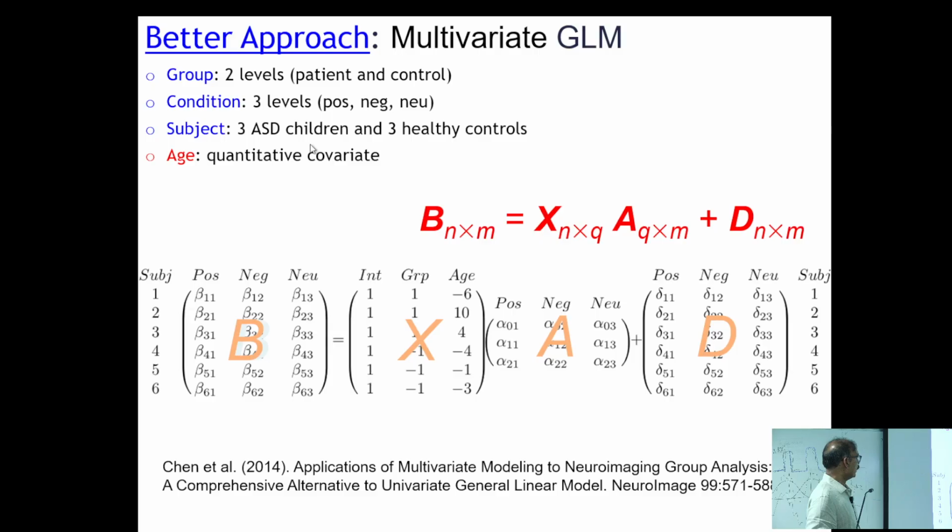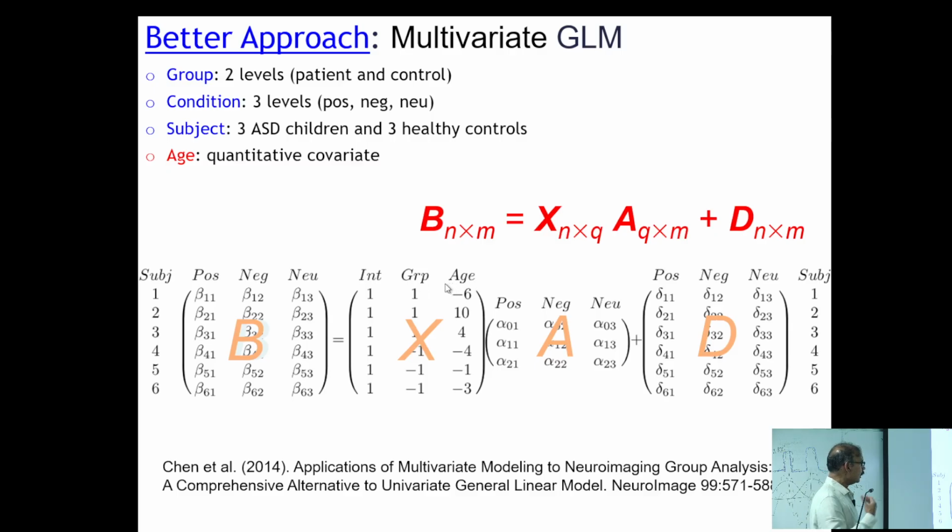So then what you are doing is you are able to model it such that, like, beta for each subject, you have for positive, negative, and neutral, right? And then this is like the specific intersubject, this is the group, and this is the age, right?